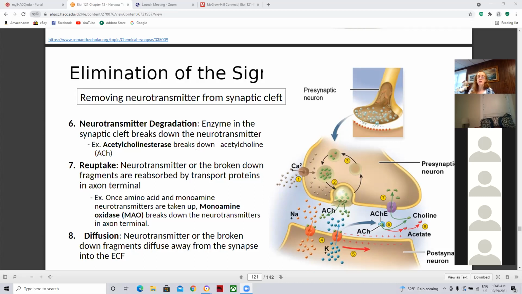We can degrade the neurotransmitter. So there's an enzyme in the synaptic cleft that's going to break down the neurotransmitter. In the case of acetylcholine, it's acetylcholinesterase. We can also reuptake the neurotransmitter, have it be reabsorbed by transport proteins back into the axon terminal.